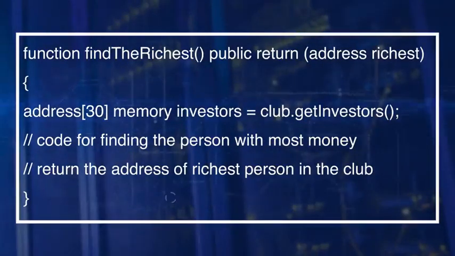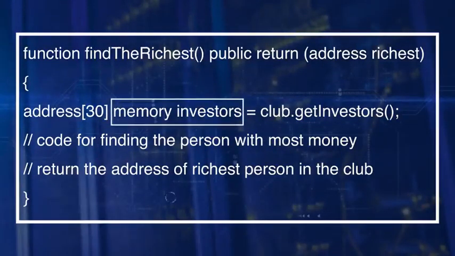If the memory attribute were not there, temporary variable investors would have been a storage variable, wasting state variable space. Since we declared investors to be memory type, its space of 30 by 20 bytes is on the temporary memory instead of permanent storage of the smart contract.